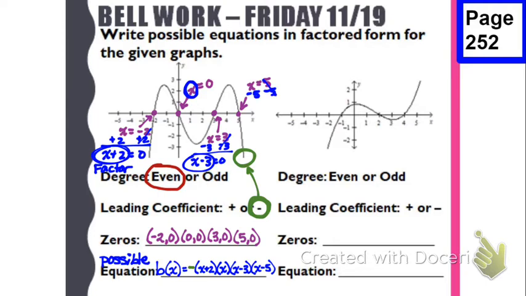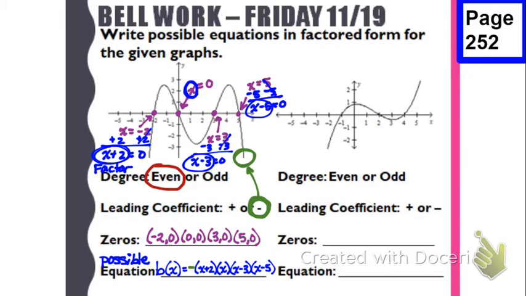Did we say this was an even function or an odd function? Even. Do you remember when we talked about each of these parentheses having a power on it? We talked about it very briefly yesterday. We're going to talk about it more today. If you don't see an exponent on something, it's understood that the exponent is what? 1.